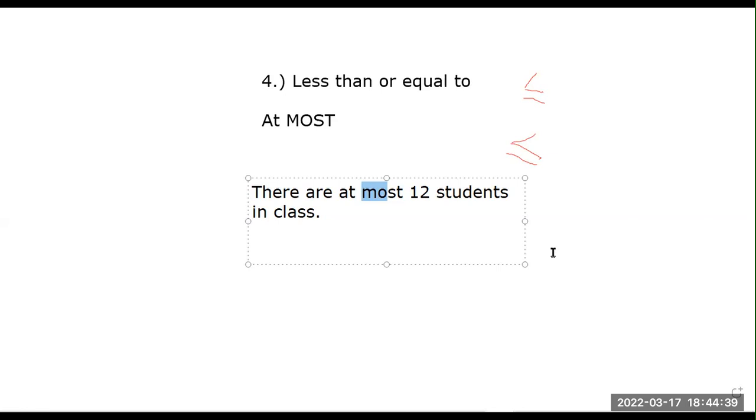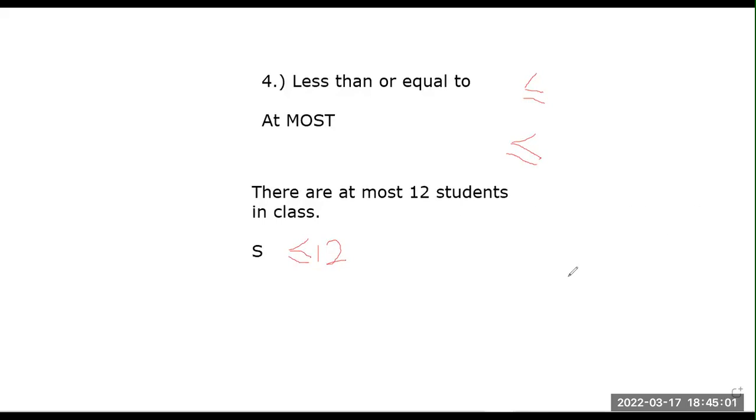So what sign would we use? I would use S to represent students. The sign we would use is the one we just learned: less than or equal to 12. There are at most 12 students in class, so we'd use this.